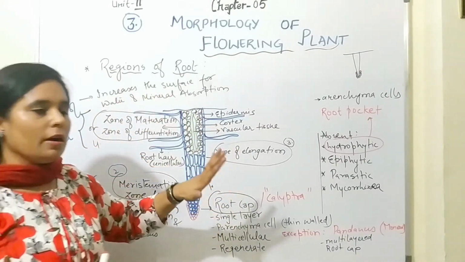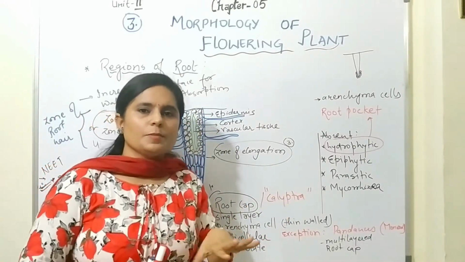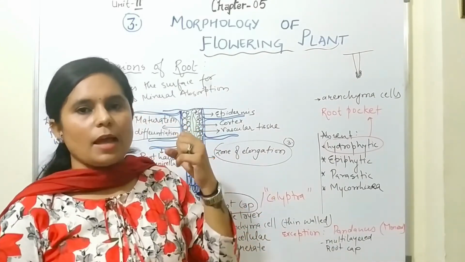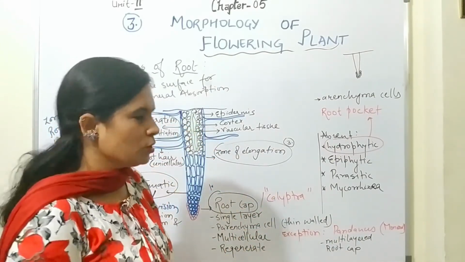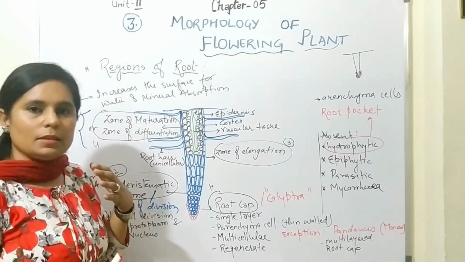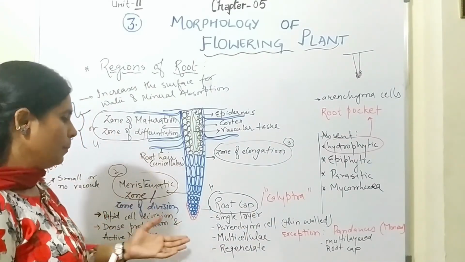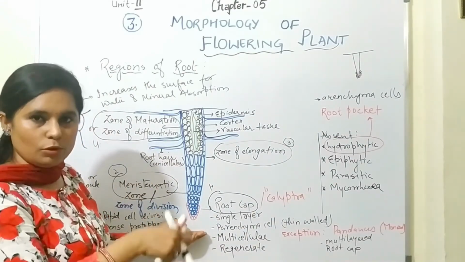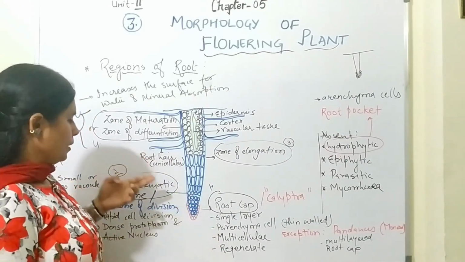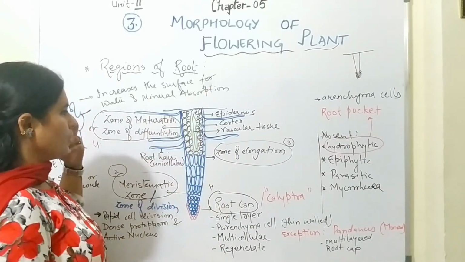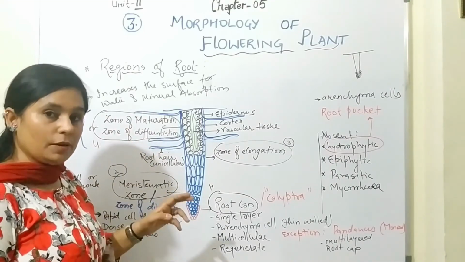If we simply ask the difference between hydrophytic roots and terrestrial roots, the sequence in the terrestrial root will be the same as I have told you just now: root cap, meristematic zone, zone of elongation and zone of maturation.